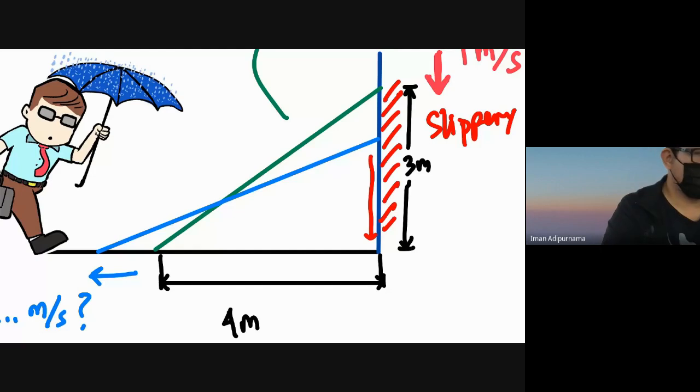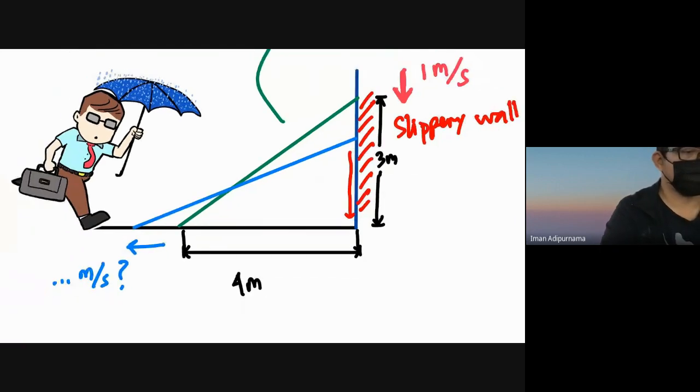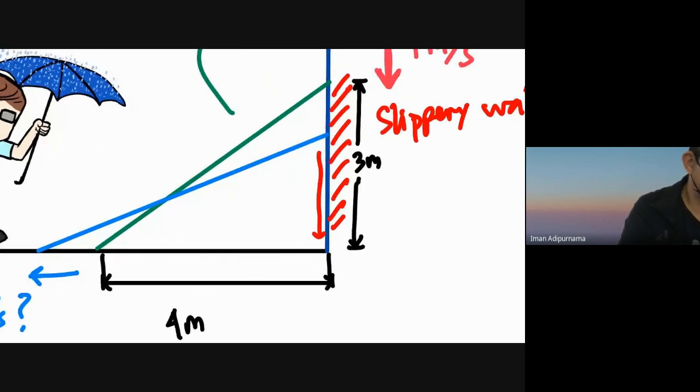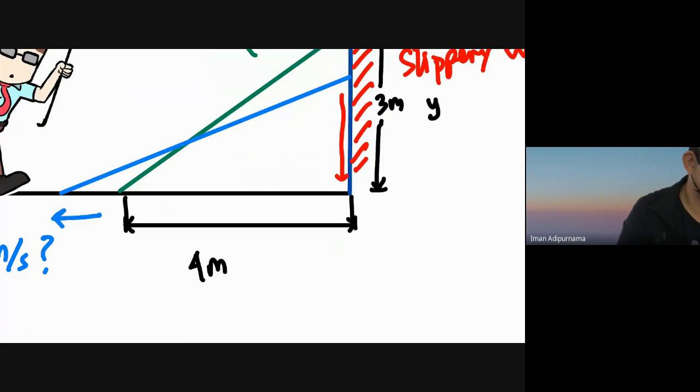Okay, the first thing, if we come up with this question, the first thing we need is to name all necessary terms. For example, let's say this one is our y-axis or just y, and this is our x.